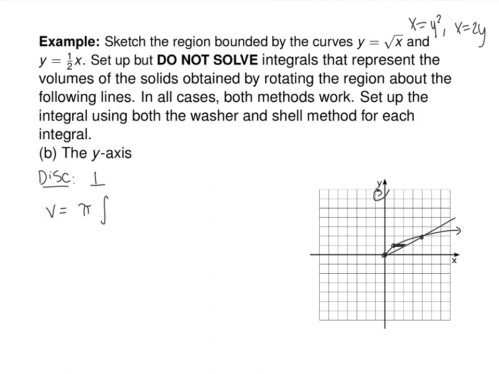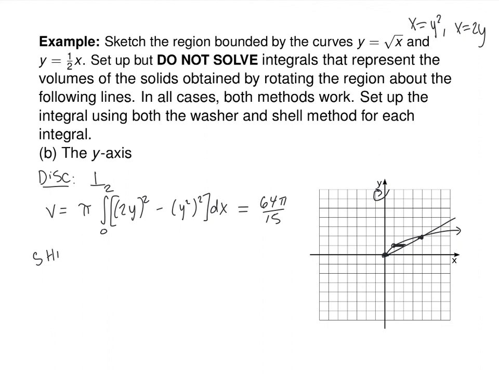In that case, r out is 2y. R in is y squared. And the bounds there are your slices begin at 0 and they end at 2. And if you're checking, this one should give you 64 pi over 15.